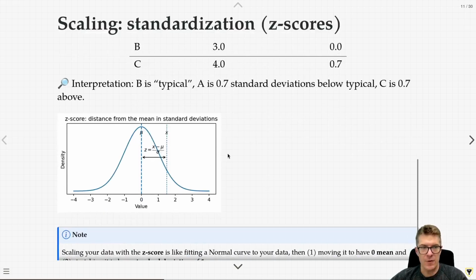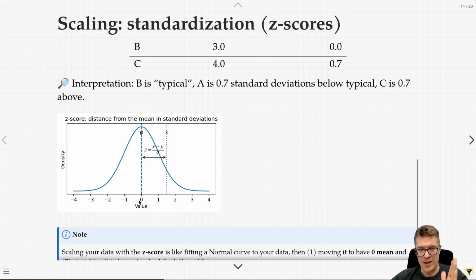Here's a little visual for z-scoring. This is basically like the distance from the mean in standard deviations. So here you can see this is like a bell curve, a normal distribution that represents the data. So I've taken the data and shifted the mean over to 0.